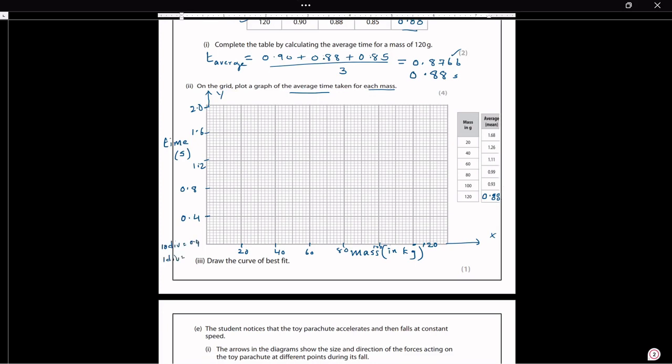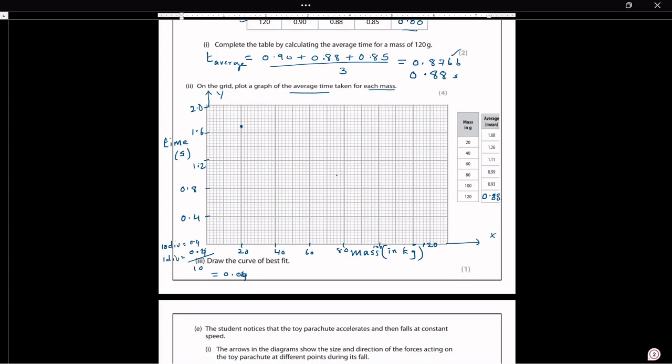Therefore, 1 division is 0.4 over 10, which is 0.04. So the first division will be 0.84, then 0.88 will be the second division here. This is the value.